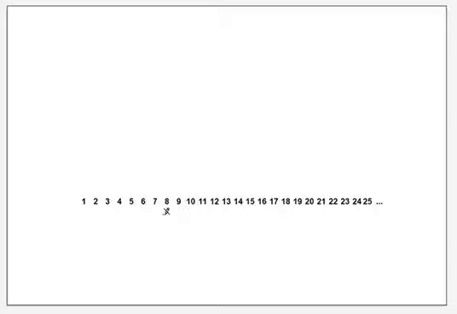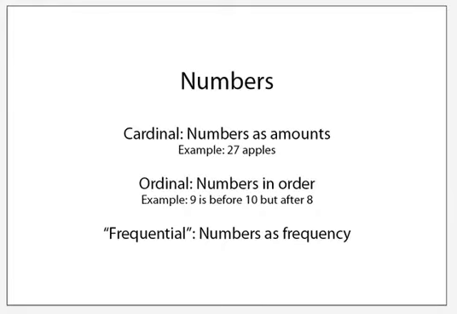Here we have a number line, which is where we're going to start. From left to right, starting at 1 and continuing on to the right forever, infinitely. Now, we have to look quickly at numbers and what different numbers mean.